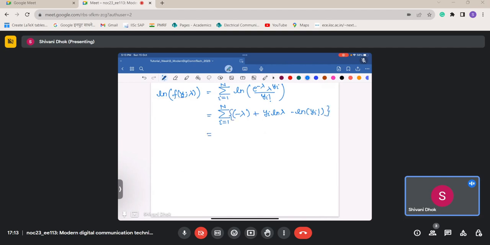Okay, so this I can write as minus n times lambda plus log of lambda into the summation i running from 1 to capital N of yi, minus the summation i equal to 1 to capital N of natural log of yi factorial. So this is what we are having here. Now we need to find del by del lambda of the log likelihood.